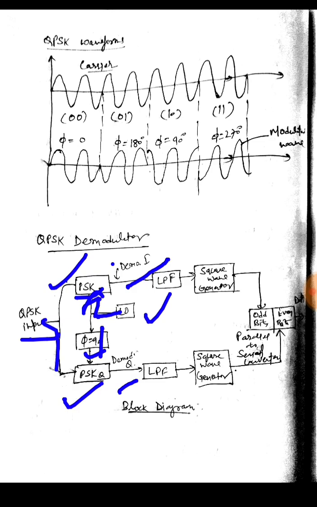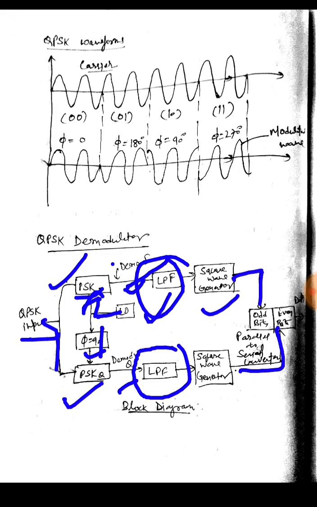The information that comes here we will feed to a low pass filter, and from here also we would use a low pass filter, which would then be given to square wave generators, and they will generate the bits. So this is a parallel to serial bit converter.